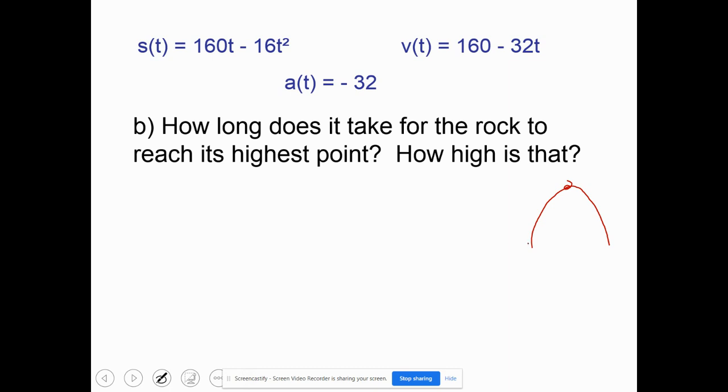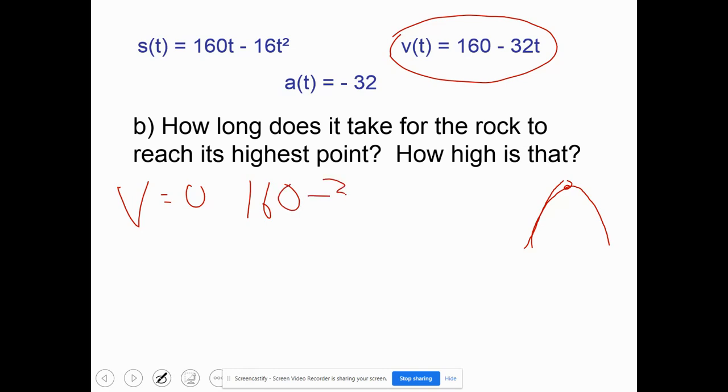So the flight of my path is going upwards at a positive velocity, and then my velocity, my derivative at some point, is going to hit 0. And then the rock's going to start coming down at a negative velocity. So I need to know, when is my velocity formula equal to 0?